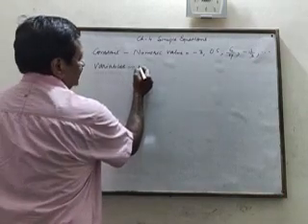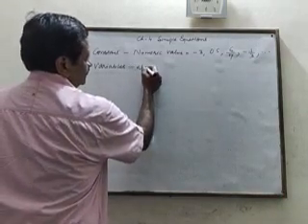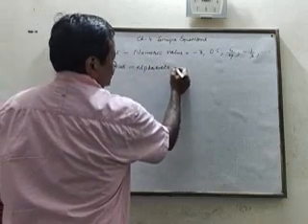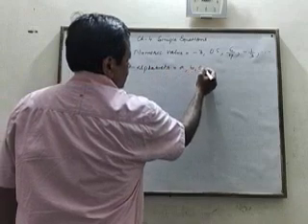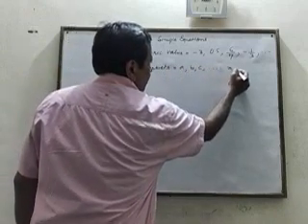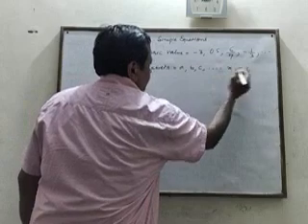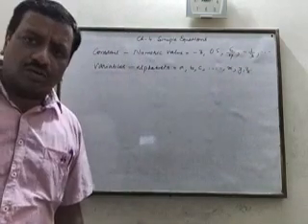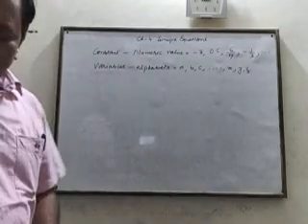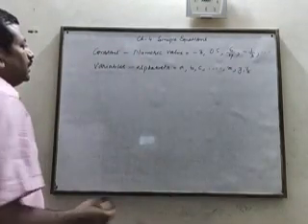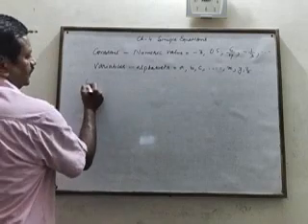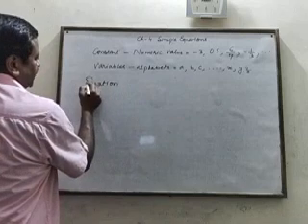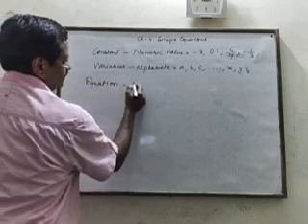Variable means alphabets. That is A, B, C up to X, Y, Z. So any alphabet is called a variable. Now equation. An equation is a statement of equality.